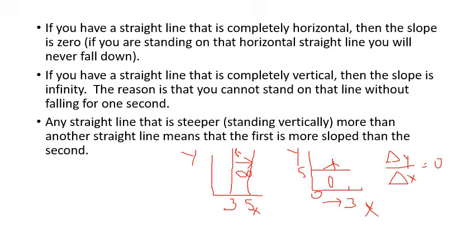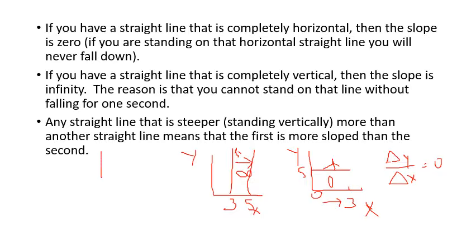Here, because the slope is enormous, a small change in the value of x will result in a dramatic change in the value of y. So if you have a straight line that is completely vertical, then the slope is infinity. The reason is that you cannot stand on that line without falling for 1 second. Okay? Any straight line that is steeper, steeper line.